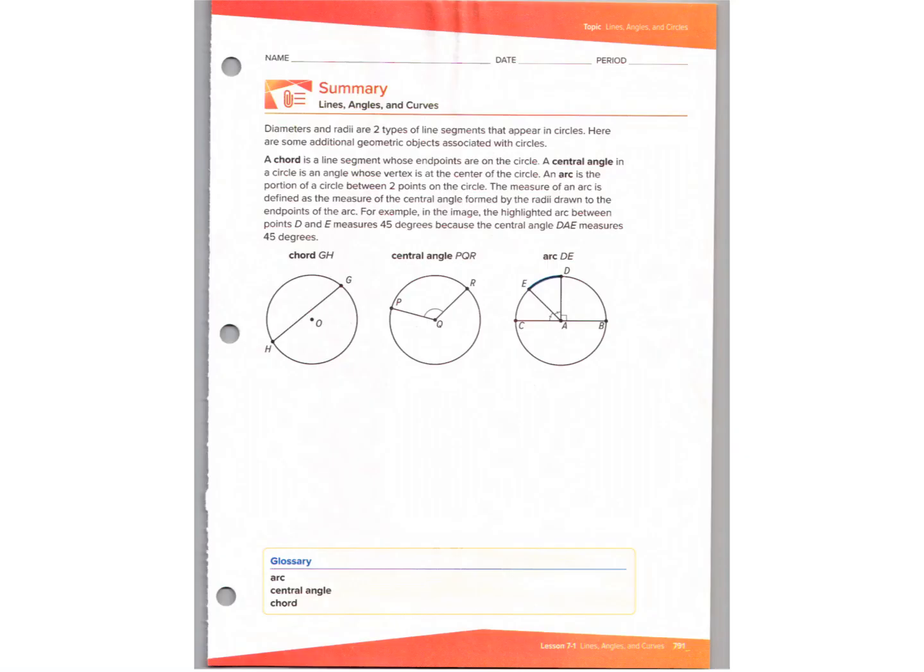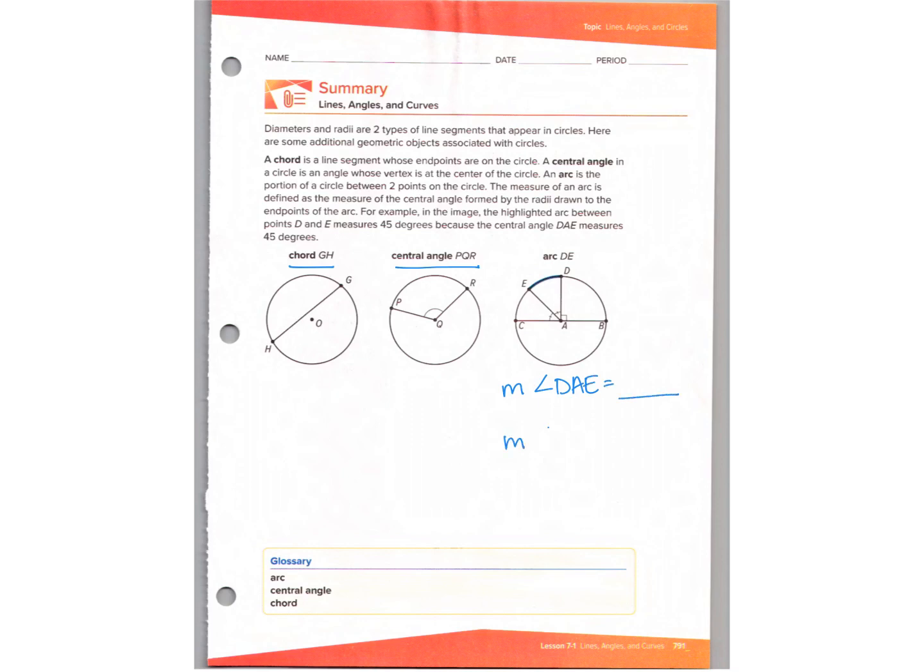So on this page, it's just reviewing that we understand what a chord is, what a central angle is, and finally, let's look at this diagram. If this is a right angle, then I happen to know the measure of angle DAE is something I can find.